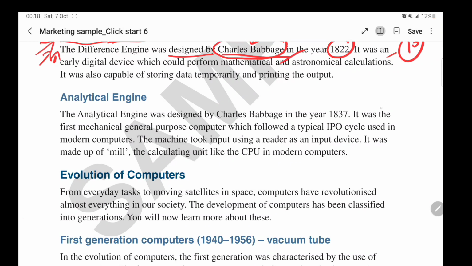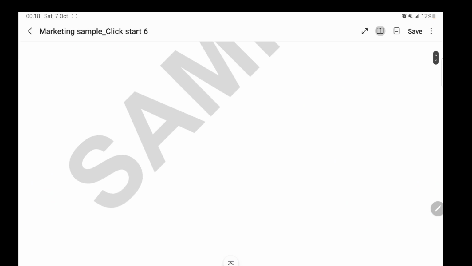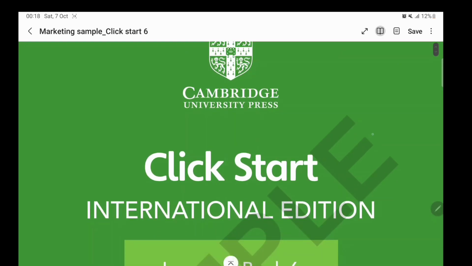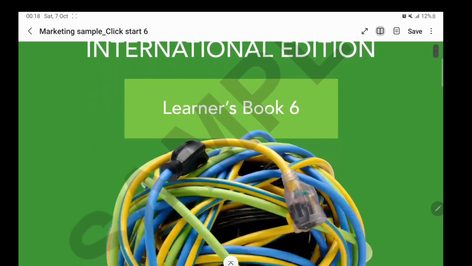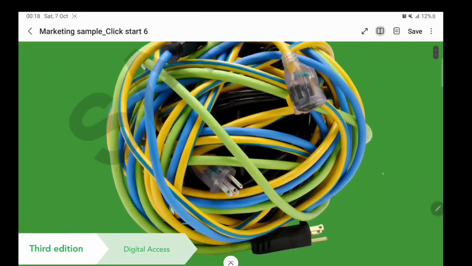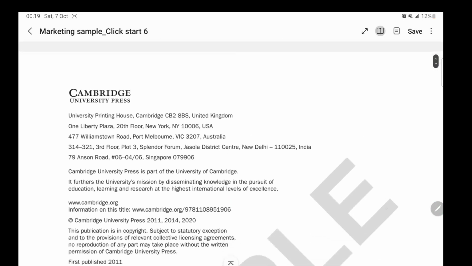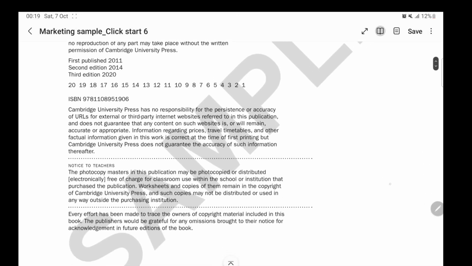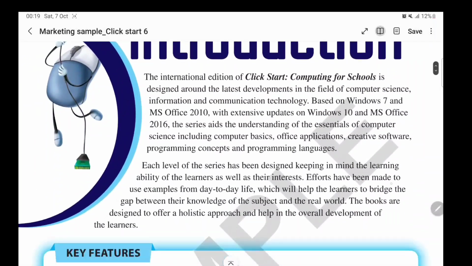We are following ClickStart, which is also based on Cambridge University Press; the publisher is Cambridge University Press, and it's the international edition. We have also compared the contents with the Indian authors' re-edited versions, so everything is matching. This is the 3rd edition, 2020.